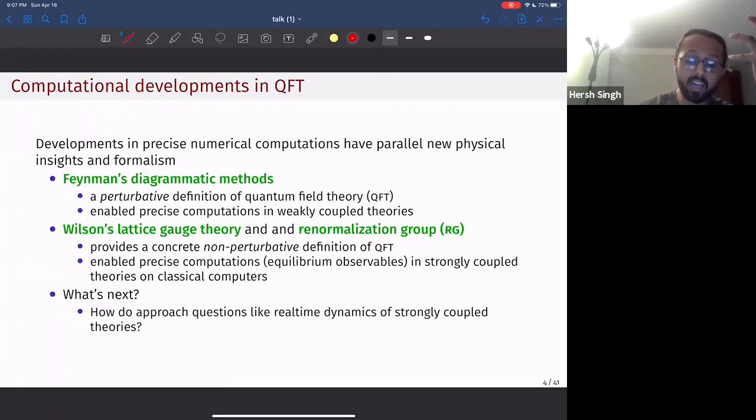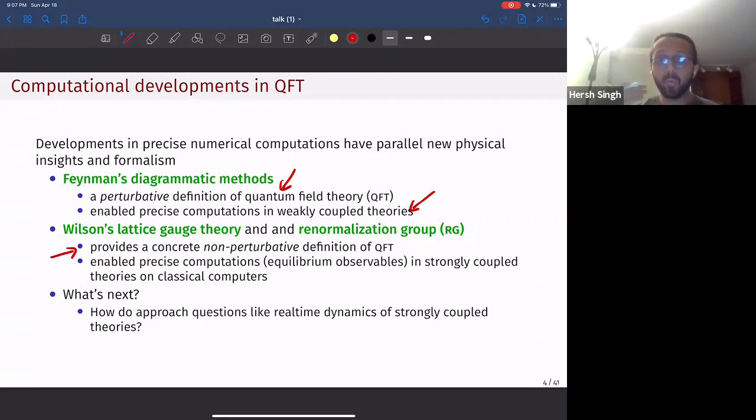So, for example, Feynman's diagrammatic methods can be thought of as giving us a way to precisely compute quantities in weakly coupled theories, but then it also can be thought of as a perturbative definition of quantum field theory. And in the same way, Wilson's lattice gauge theory, coupled with his renormalization group ideas, of course, enables very precise computations on classical computers, but then it also can be thought of as a non-perturbative definition of QFT.